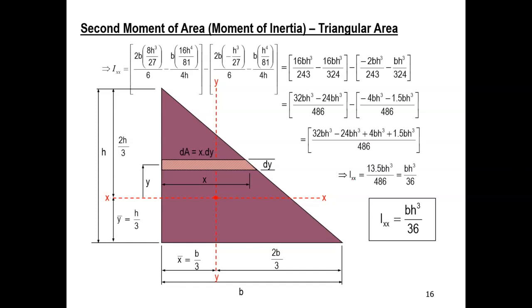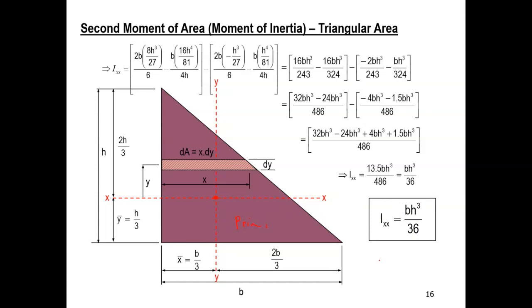The triangle is a primitive shape, so this is the second primitive shape. The first primitive shape was a rectangle, the second was a triangle. A standard triangle is when the coordinate axes are at the centroid. The moment of inertia is 1 over 36 b h cubed.